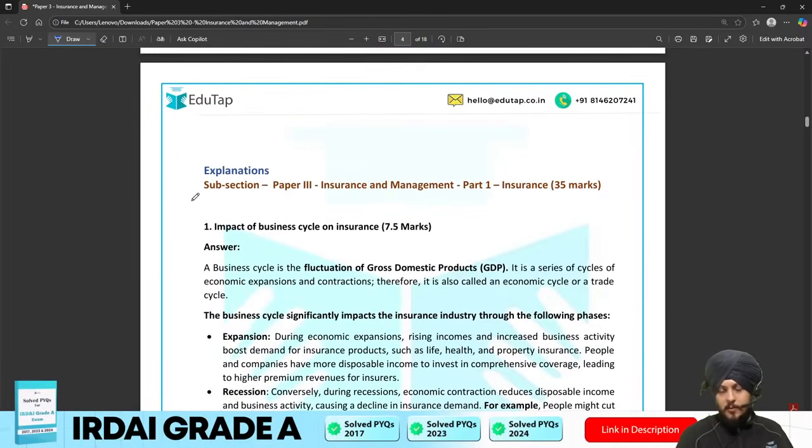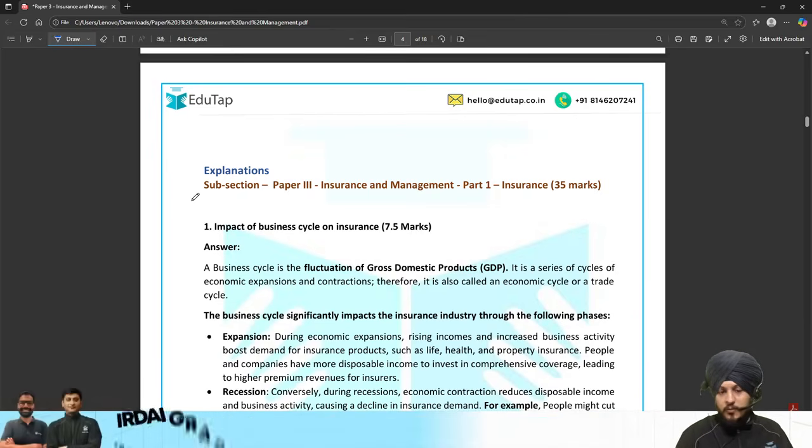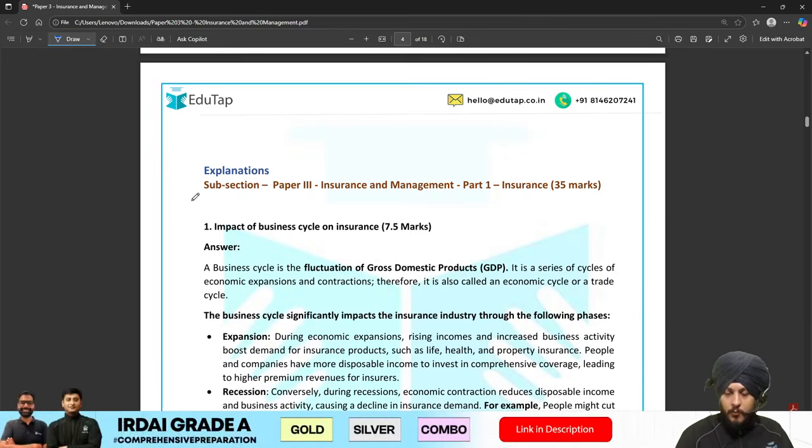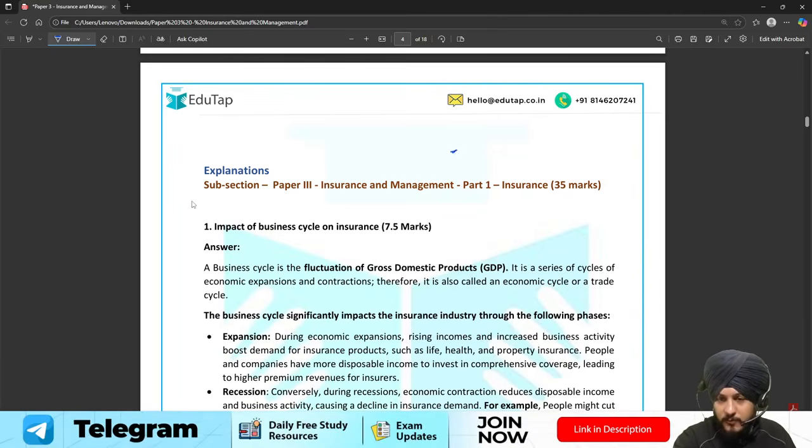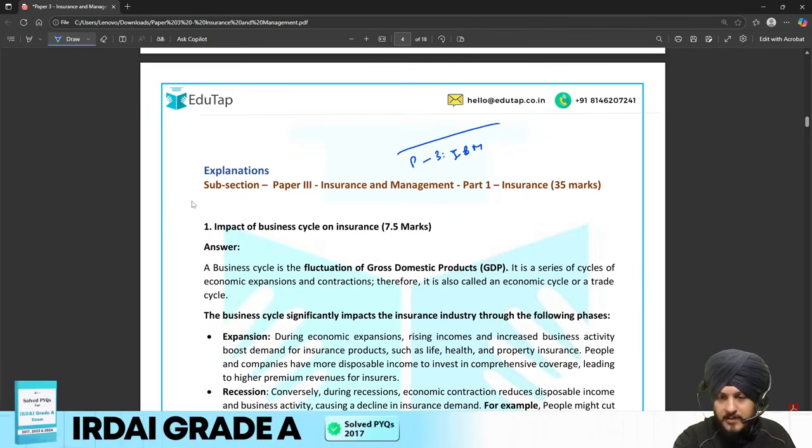Regarding question number 1, if you see this question, impact of business cycle on insurance, you won't be able to find it in your syllabus of Insurance and Management, which is your Paper 3. Why is it so?